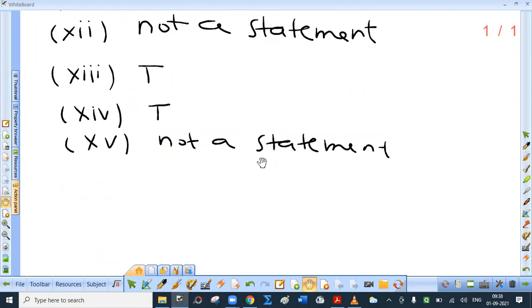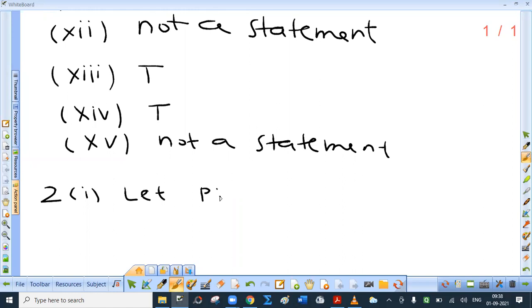Question 2: write the following compound statements symbolically. 1. Nagpur is in Maharashtra and Chennai is in Tamil Nadu. Okay, I'll explain. We are asked to write the compound statement symbolically.